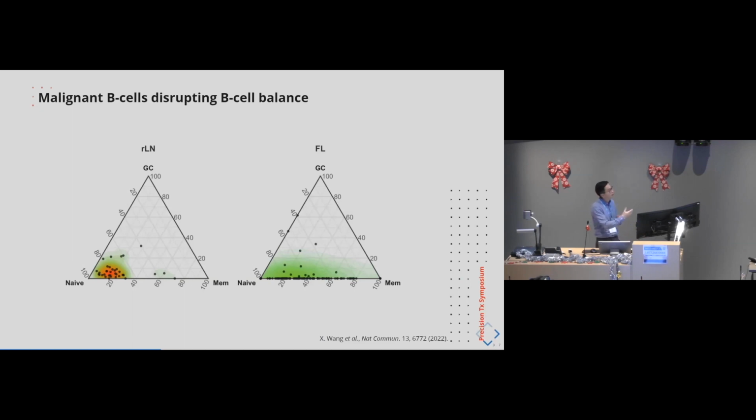But compared to follicular lymphoma, most of the follicular lymphoma samples are depleted of germinal center B cells, indicating that maybe there is a disruption of the GC structure. The majority of the remaining normal residual cells are either naive or memory B cells.